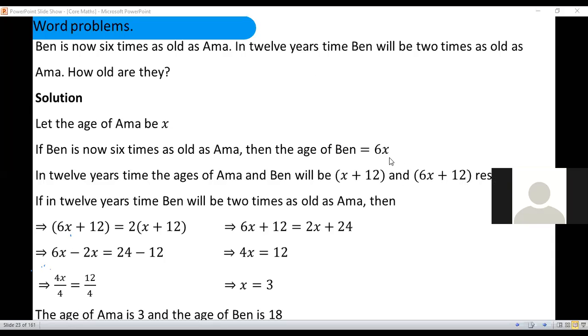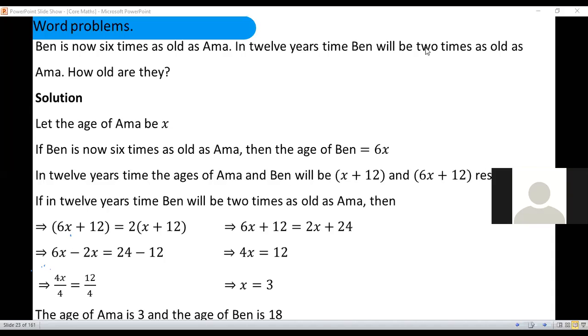So 6x plus 12 is Ben's age in 12 years' time. So in 12 years' time, Amma is x plus 12 and Ben is 6x plus 12.